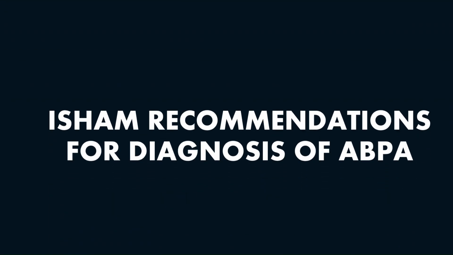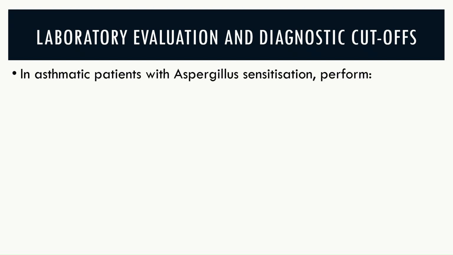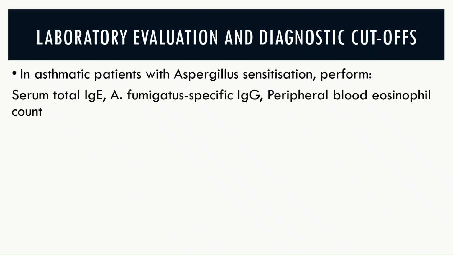In the next section, we will be discussing ISHAM recommendations for diagnosis of ABPA. Recommendations on lab evaluation and diagnostic cutoffs. In asthmatic patients who demonstrate Aspergillus sensitization, further evaluation should include serum total IgE, Aspergillus fumigatus IgG, and peripheral blood eosinophil count.